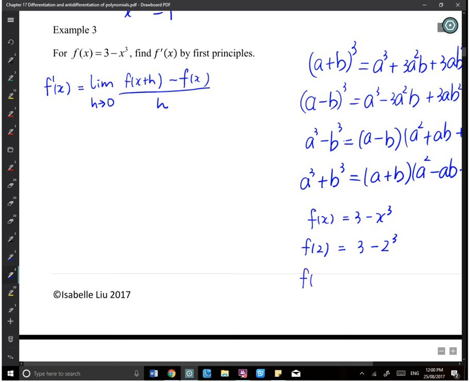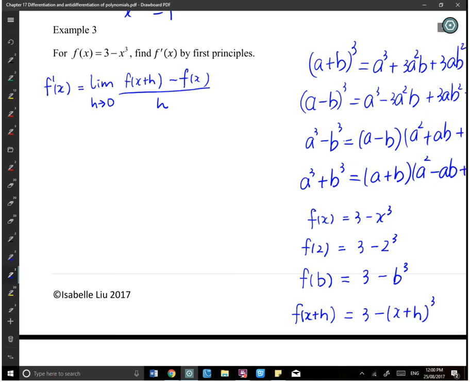My next question is, what is f(b)? f(b) will be 3 minus b cubed. You put b instead of x. Then the last thing I'm asking is, what is f(x plus h)? f(x plus h) is 3 minus (x plus h) cubed. Instead of x, you put the new thing in the bracket. Okay, that is what you should have.